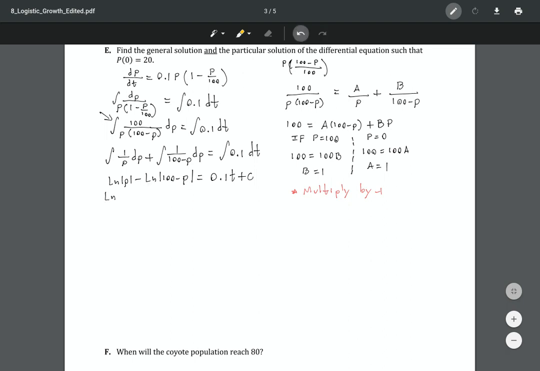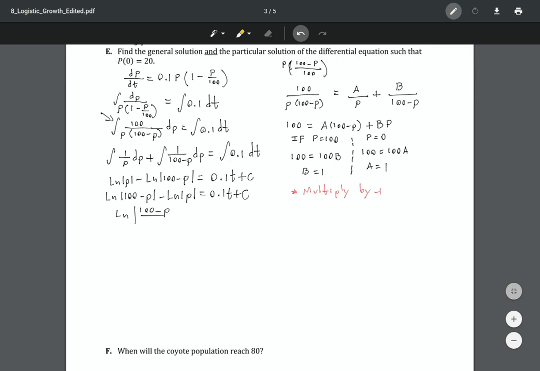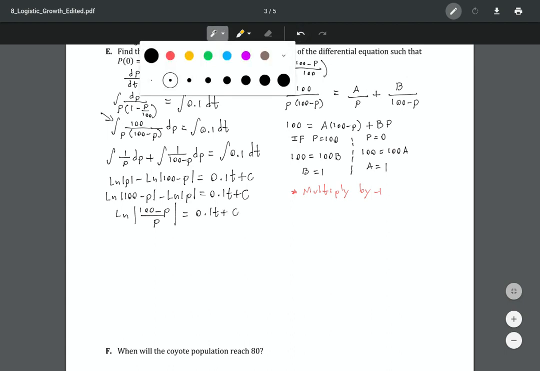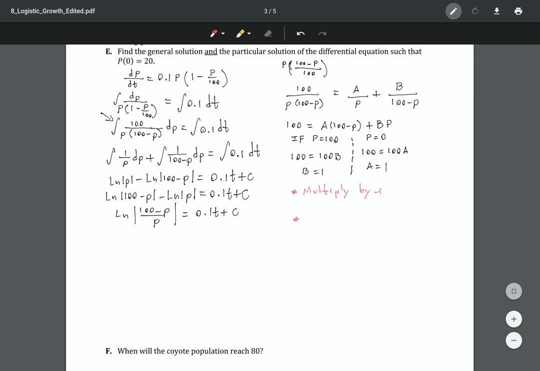Okay, so I'm going to write that as a positive natural log of 100 minus p minus natural log of the absolute value of p is equal to 0.1t plus c. I'm going to use my properties of logarithms to put that together. So I have 100 minus p over p. And this is going to remain the same. Now I'm going to use the exponential on both sides.